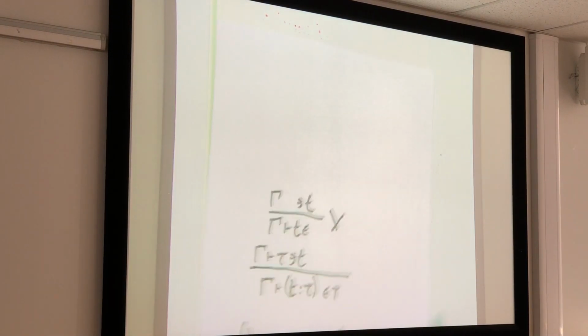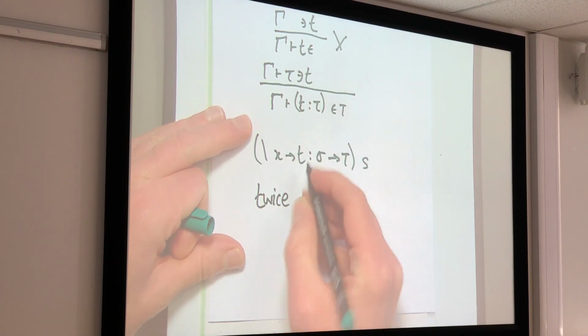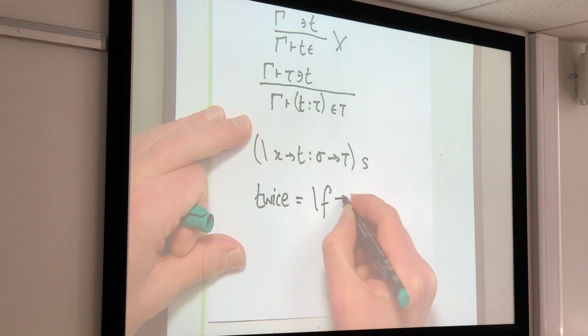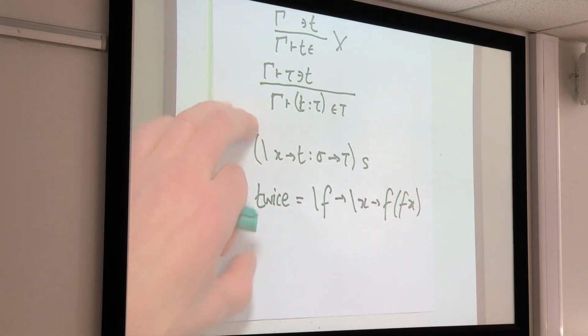So there's another way of doing it which boils down to the same thing. It's actually perfectly sensible. When we write programs of any size, we always make definitions. So we give names to functions. We say things like, twice is equal to lambda f, lambda x, f of x.